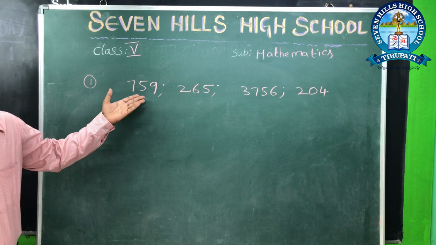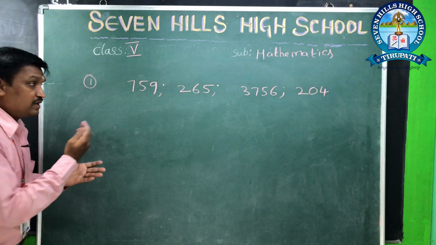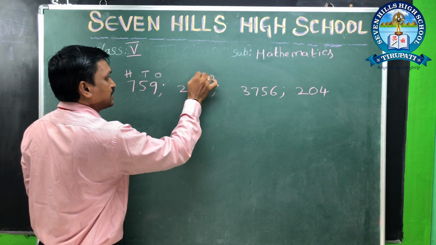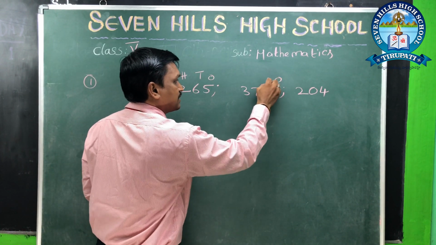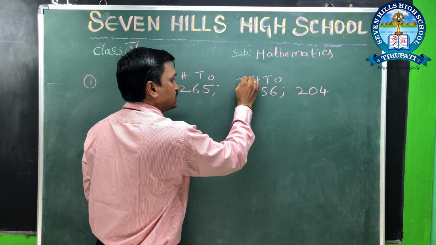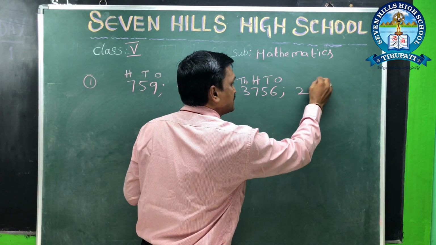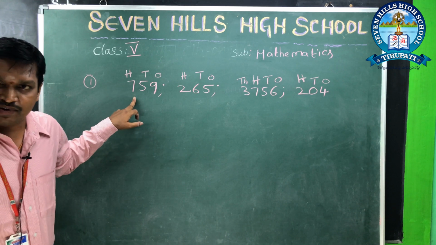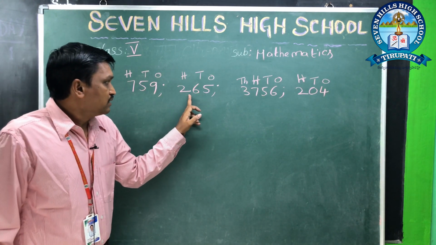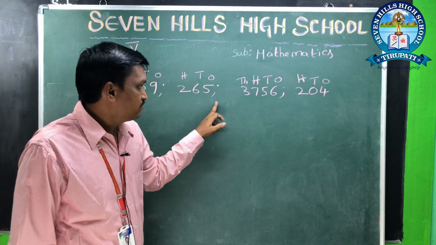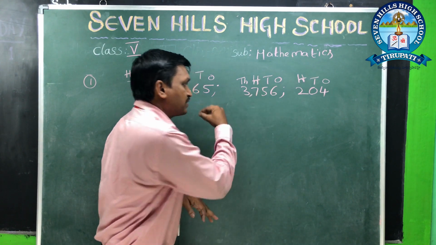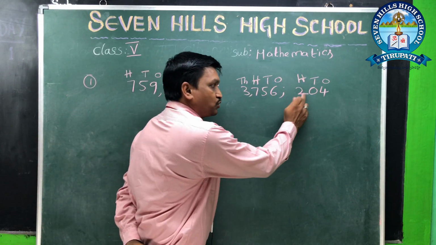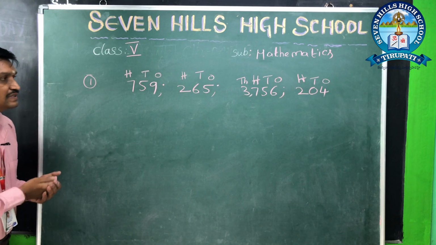The given numbers: we check the ones, tens, hundreds, thousands places. The numbers are 759, 265, 3,756, and 204.